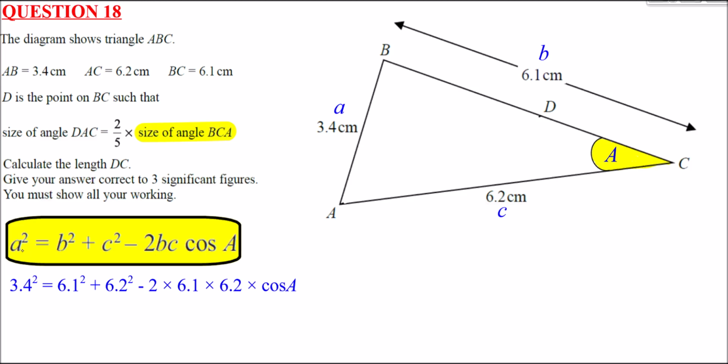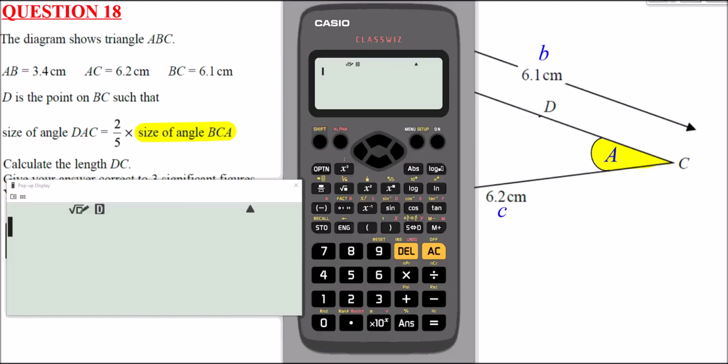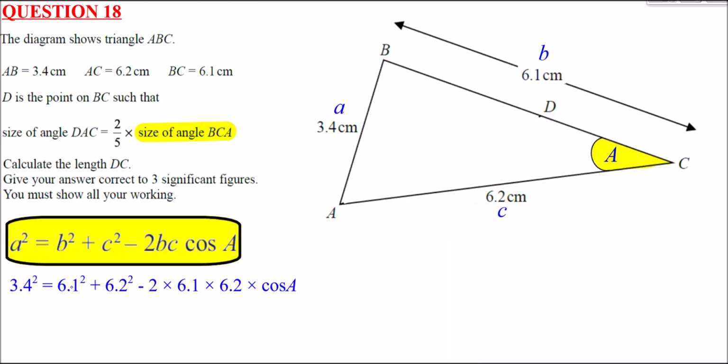For example, 3.4 squared we can work out with a calculator and replace with 11.56, and similarly for all these different values. So the next line, neatening it up slightly, we have that 11.56 equals 37.21 plus 38.44 minus 75.64 lots of cosine of big A.